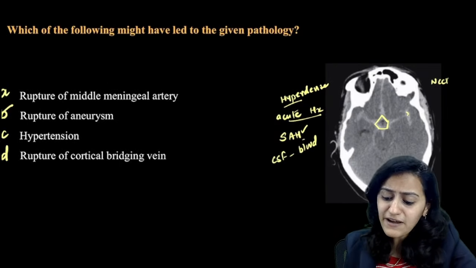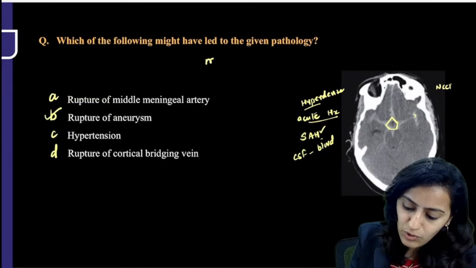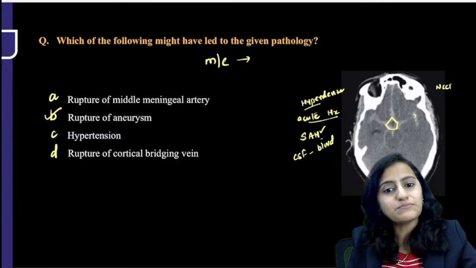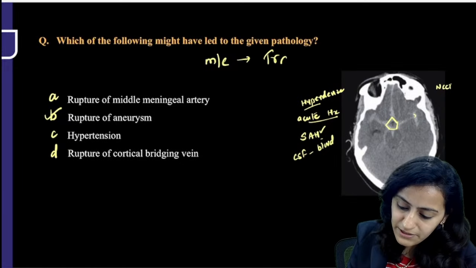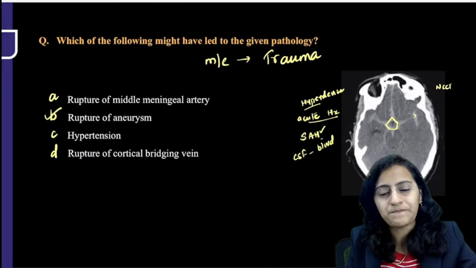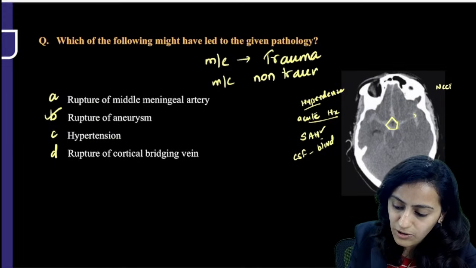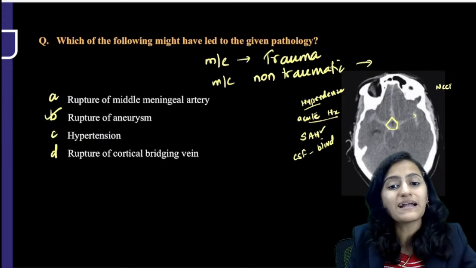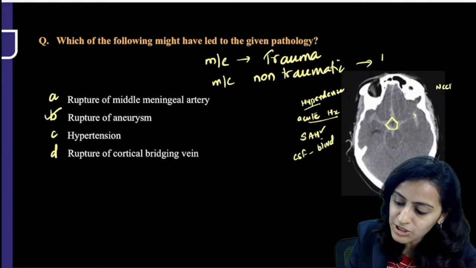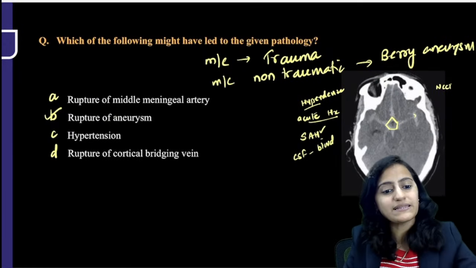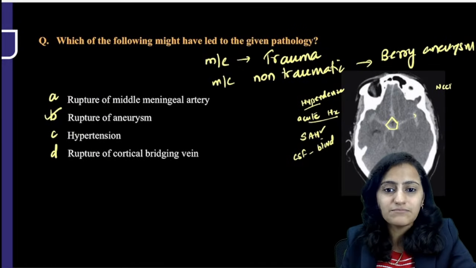If I ask you the question, what is the most common cause of subarachnoid hemorrhage? Remember, the most common cause overall is trauma. And if the question is what is the most common non-traumatic cause for subarachnoid hemorrhage, then it is berry aneurysm rupture.